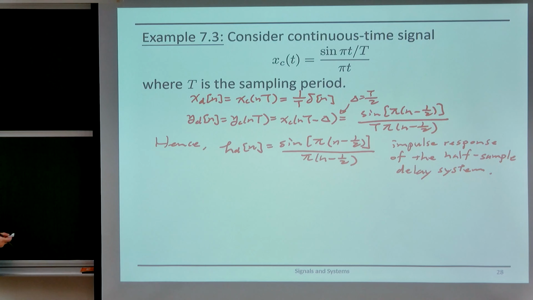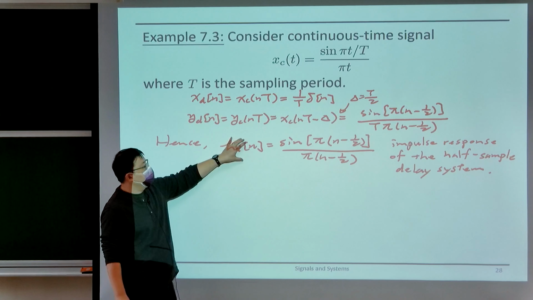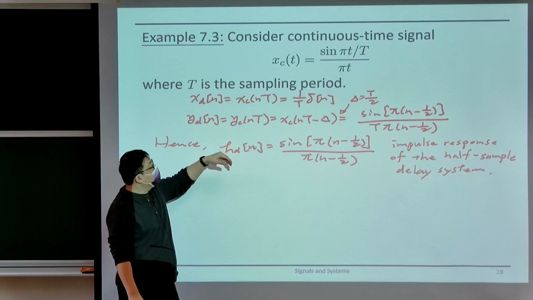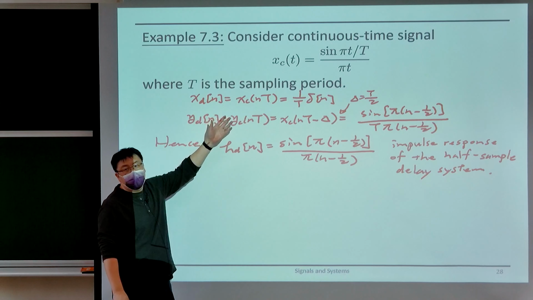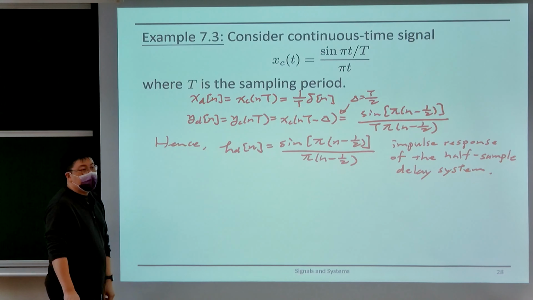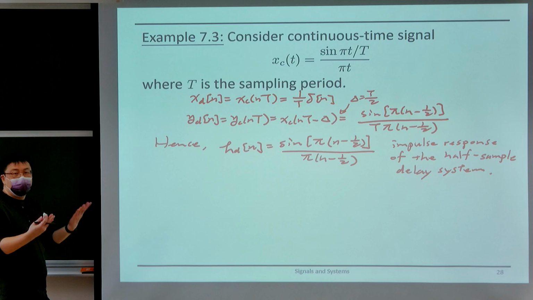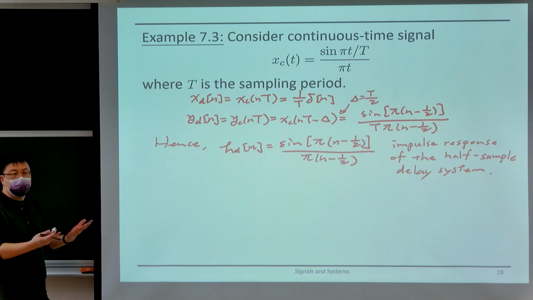Through these couple of examples, you can see that we have a convenient way of finding the discrete time impulse response to a corresponding continuous time system that we desire. Suppose that you know what is the continuous time input-output relation that you want.